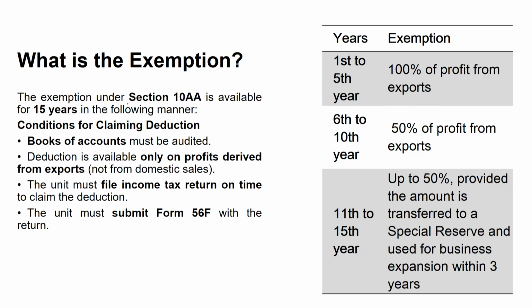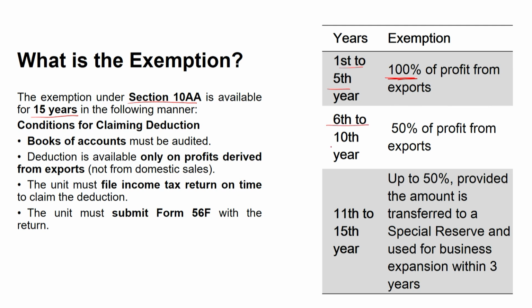The exemptions under the section 10AA is available for 15 years to a new unit in the following manner. So in the first to fifth year, 100% of the profit from the export business are fully exempted from the taxes.